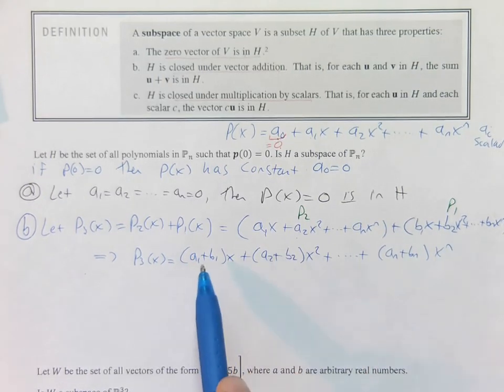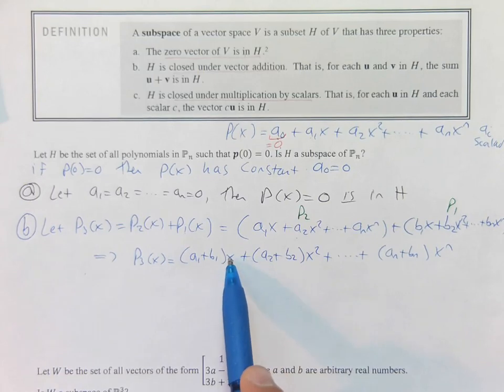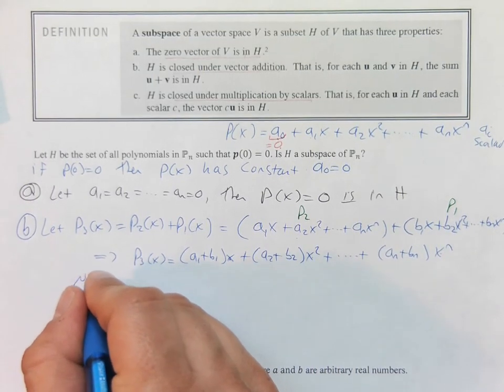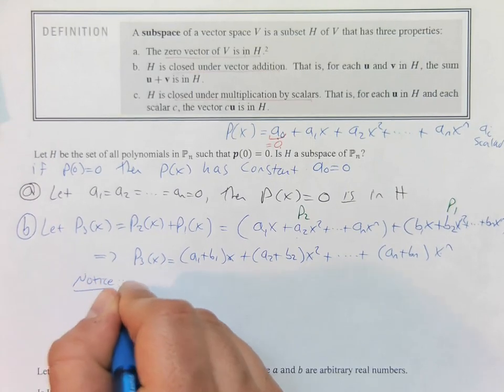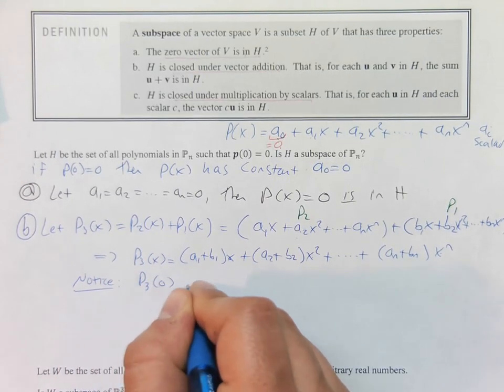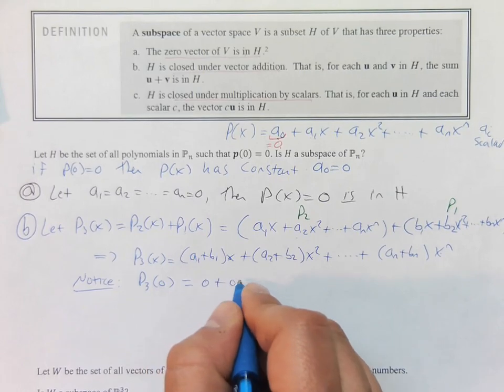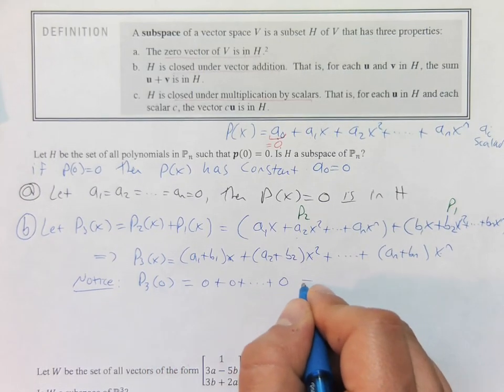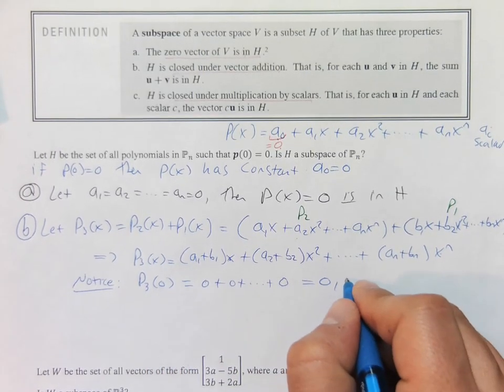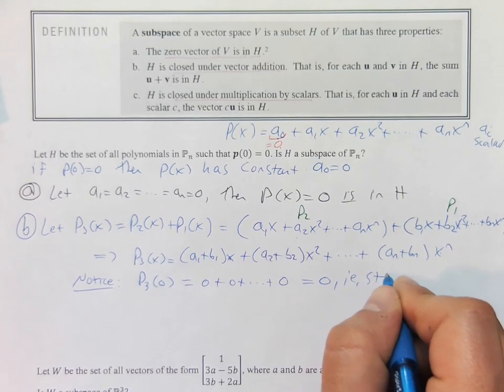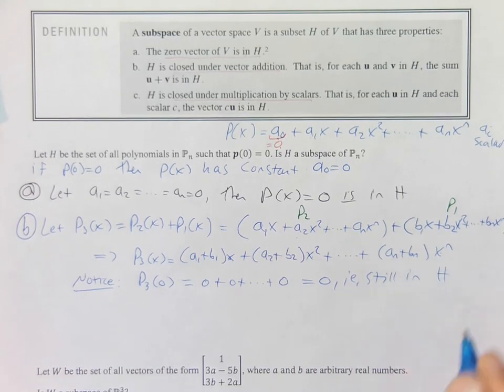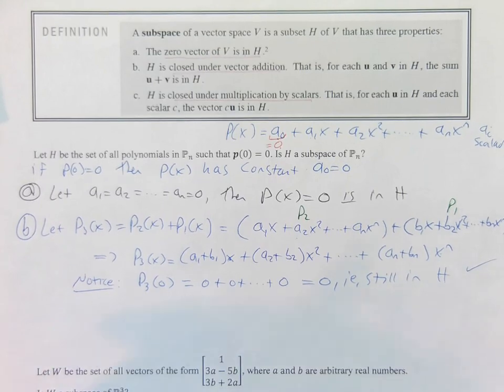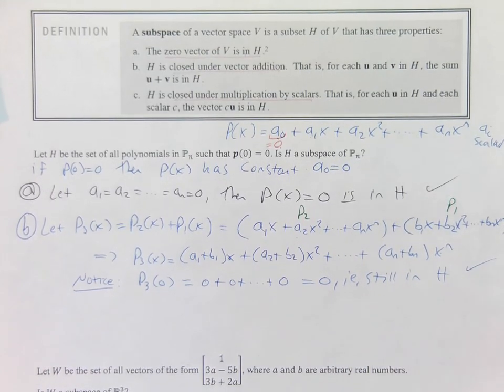And notice that when we plug a 0 in, all these x's become 0, and so we still get P of 0 equals 0. So notice P3 of 0 is going to just be 0 plus 0 plus 0 equals 0. In other words, it's still in the set. And so the second property is satisfied. So we satisfy the first two properties. And the third one is also going to be satisfied.